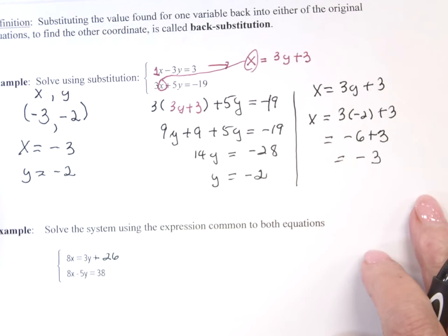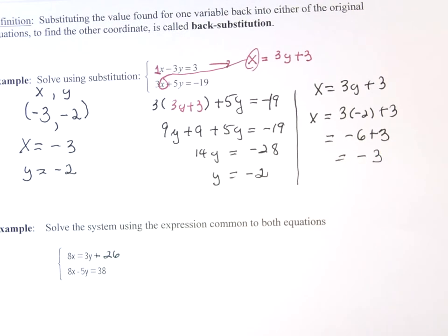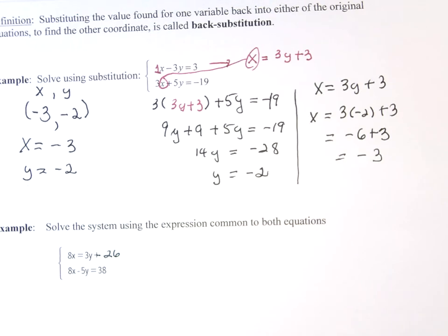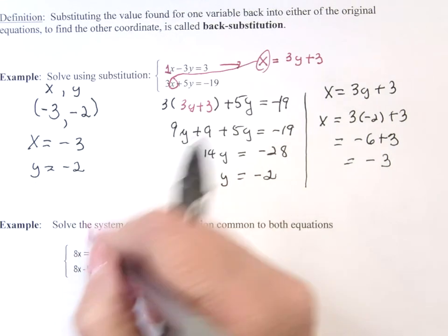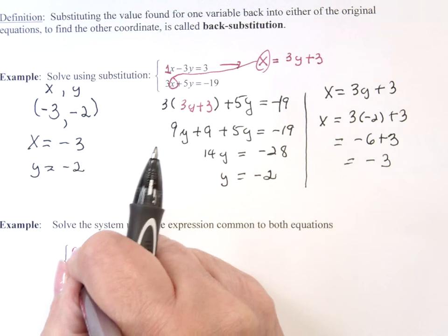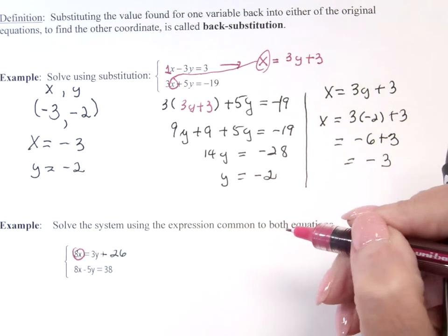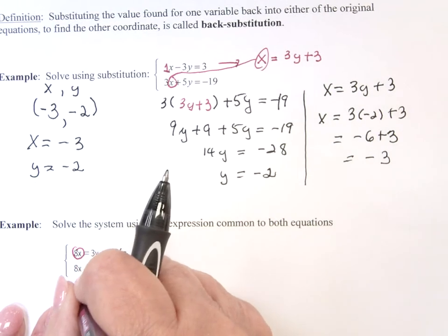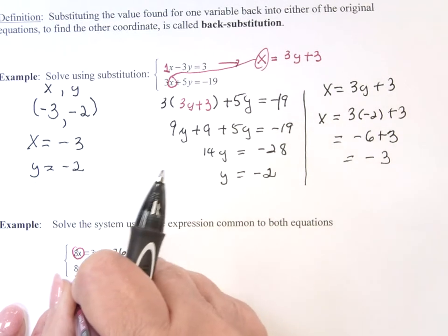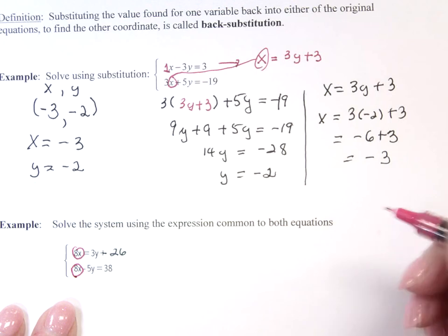Now this says you can solve the system by substituting an expression which is common to both. And what you will notice is this. This says that 8x is equal to 3y plus 26. But in the second expression, I also have an 8x.